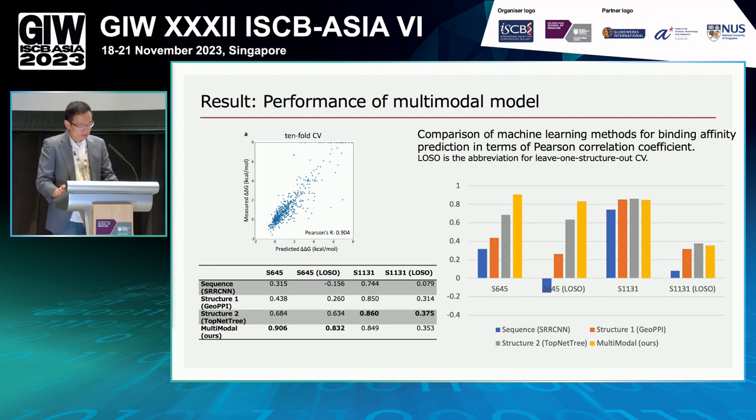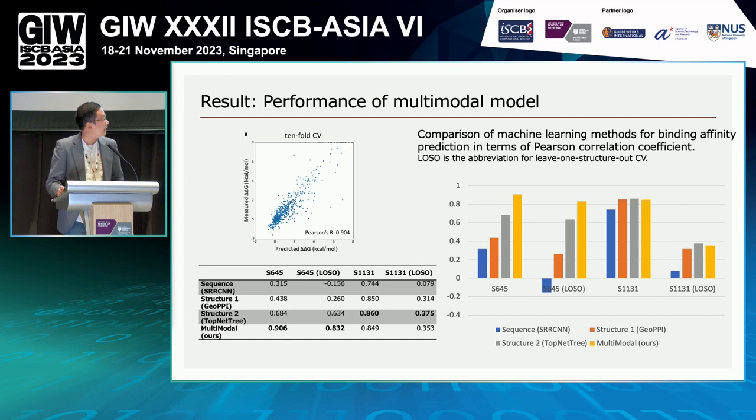On the S1131 dataset, the SKEMPI dataset, which is a heterogeneous dataset, the performance of our model is similar to the state-of-the-art model. But in the leave-one-structure-out cross-validation, we see that all of the models have low performance.